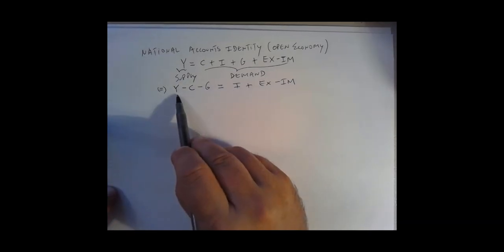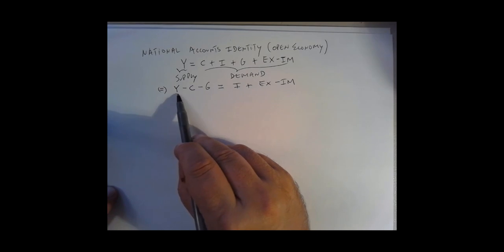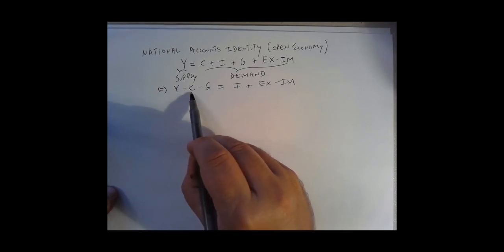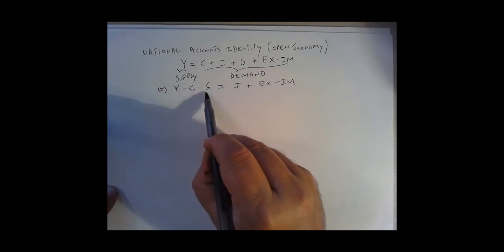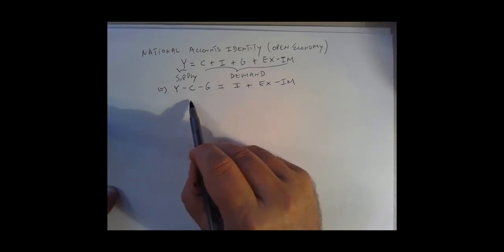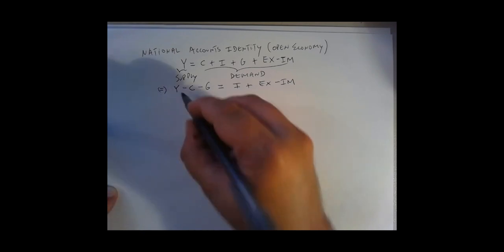So on the left side of the equation we have whatever is produced minus what is consumed by the households minus what is consumed by the government. If anything is left, this is what we call national savings.